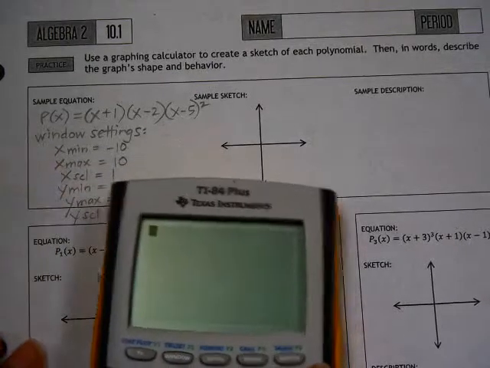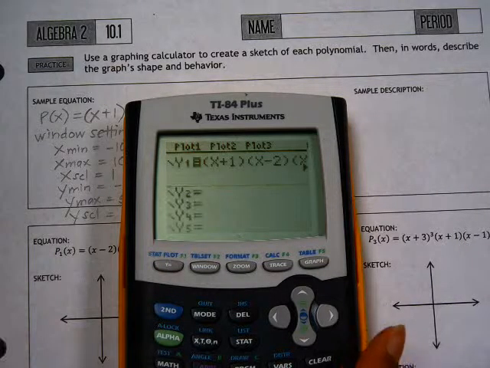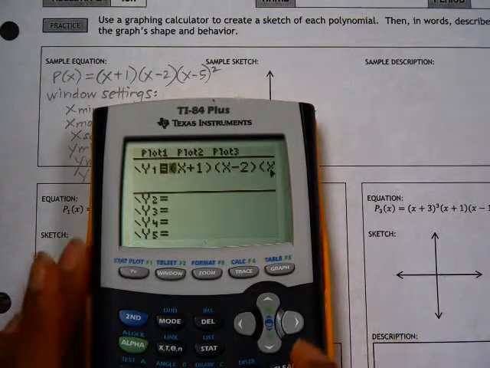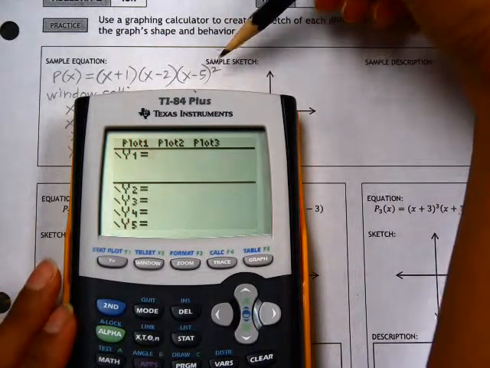we want to do is go to the y equals screen so that we can type in the equation. So in the y equals screen, if there's already something there, go ahead and clear it. We're going to type this in exactly how it appears with all the parentheses.